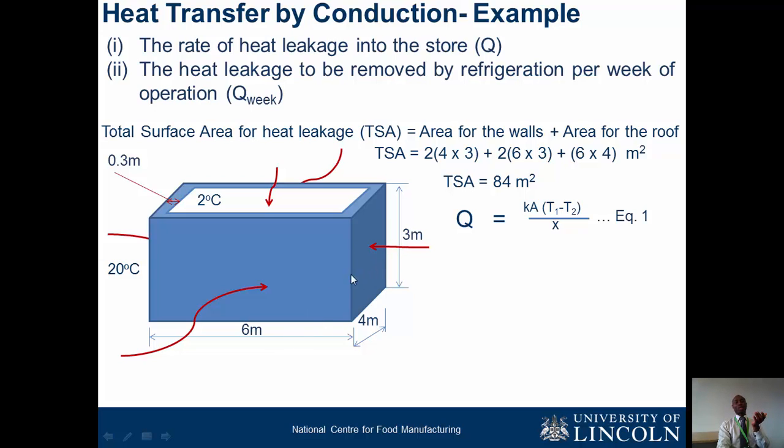So all we need to do is to calculate all the areas for the walls, which is 3 times 4 multiplied by 2, because we have 2 of this. We also have 2 of this. We have 3 times 6 multiplied by 2, and we also have the roof, which is 6 multiplied by 4. So that is how we got the total surface area for heat leakage. The total surface area for heat leakage is area for the walls plus area for the roof.